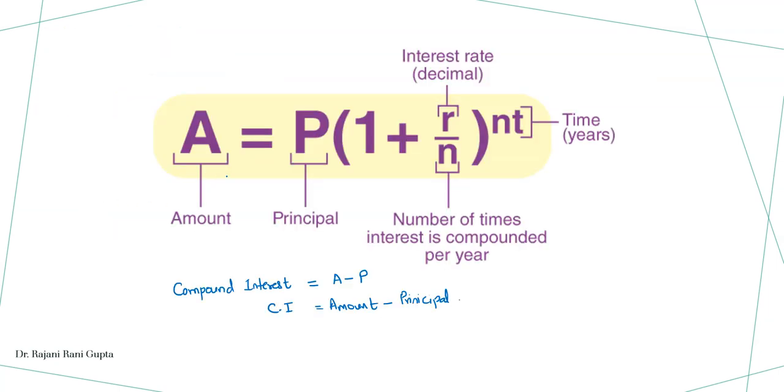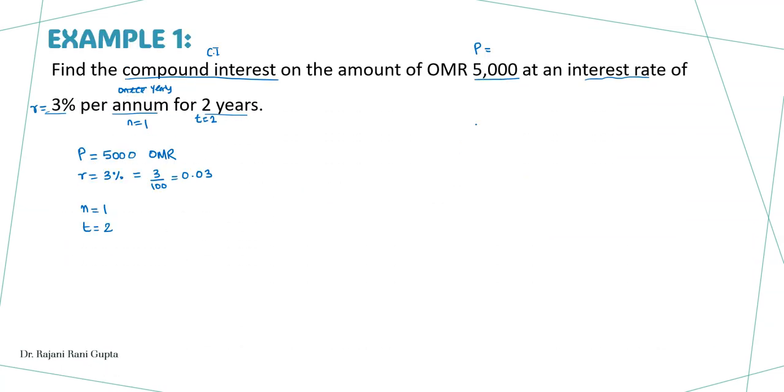So using this formula for amount, A equals P times (1 plus R over N) to the power NT.